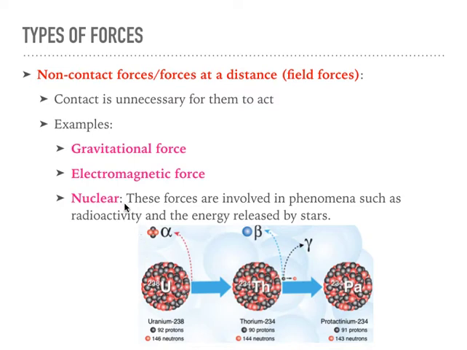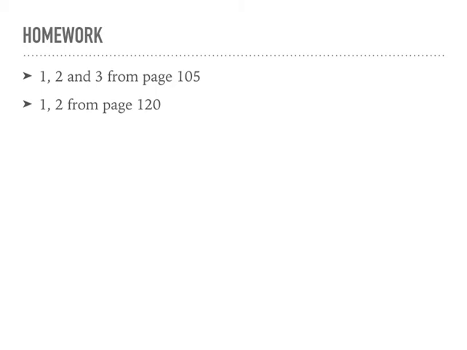Because they have this nuclear force that is much greater than the electromagnetic force, and because this is greater, it overcomes the electromagnetic force, and even if they are all positive, they are staying together because of this nuclear force.